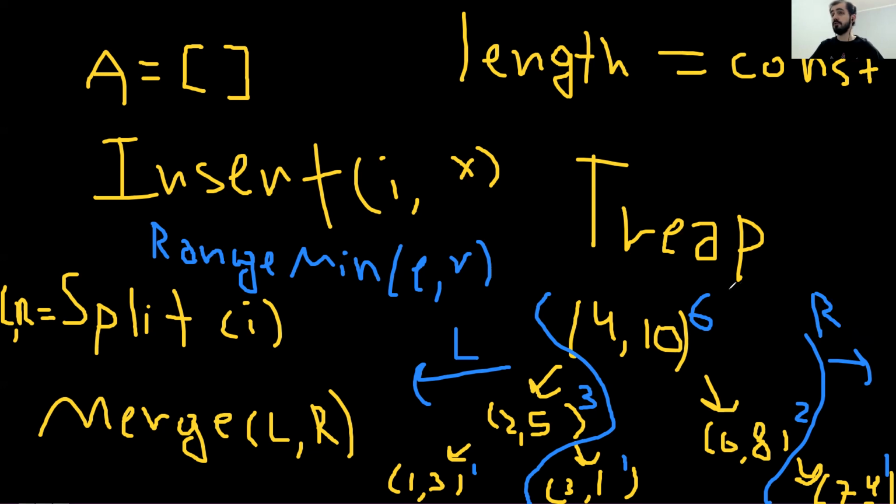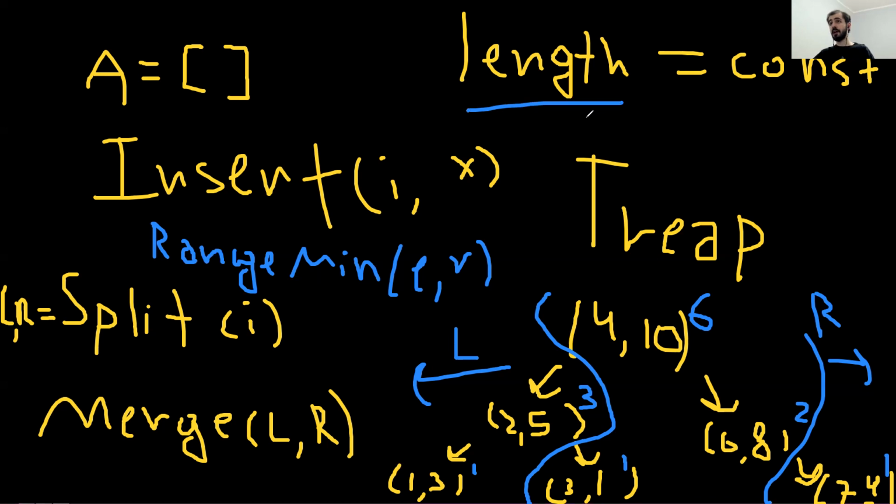But the main thing you have to remember about trips is that you can split them, you can merge them, and you can maintain a lot, and I mean a lot, of statistics on the subtree in trips. Because of that, you can solve a lot of problems when you have to dynamically change your array and the length of your array.